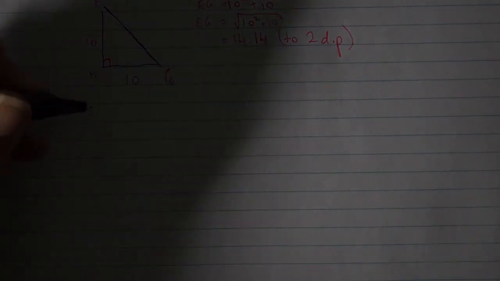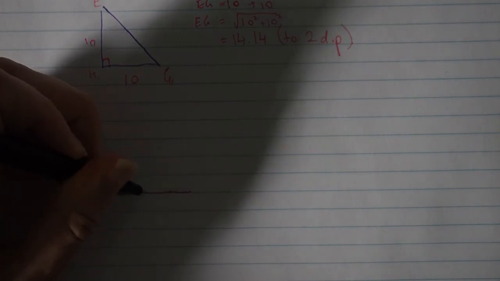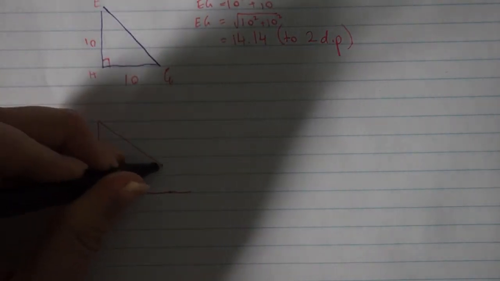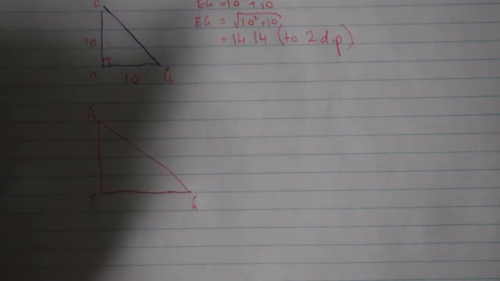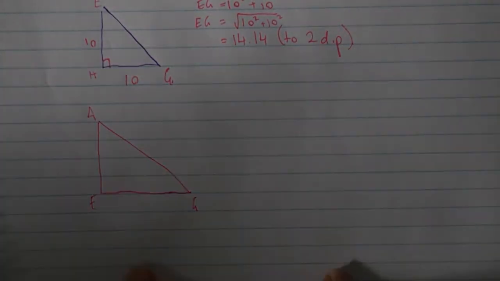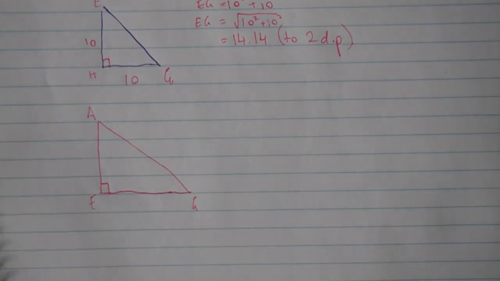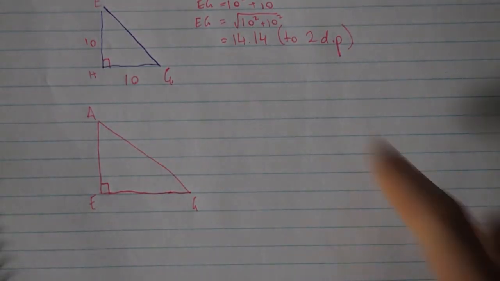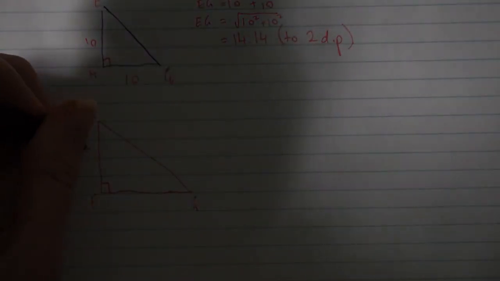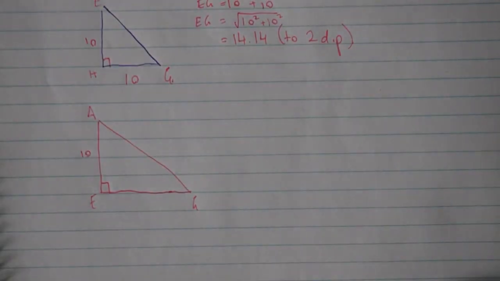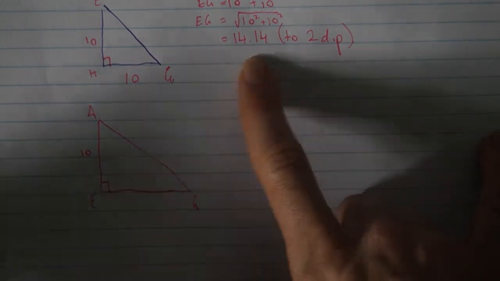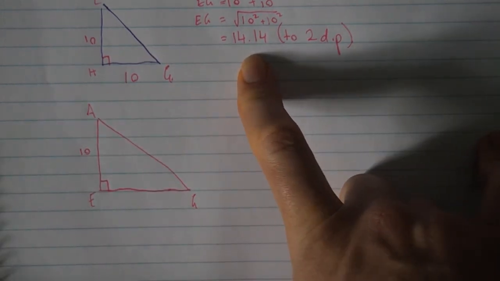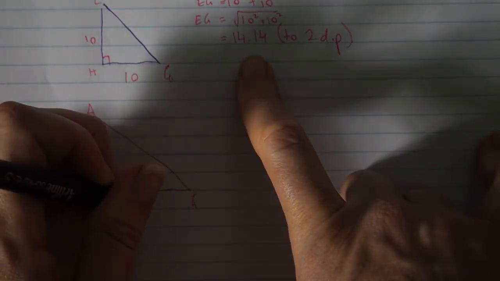All right, if I'm drawing that as a two-dimensional triangle, I have A up the top, G over here, and E is my right angle. Okay, so AE we are told in our diagram that it is 10. EG we just found, so we're going to use our solution from the previous part, which is 14.14.